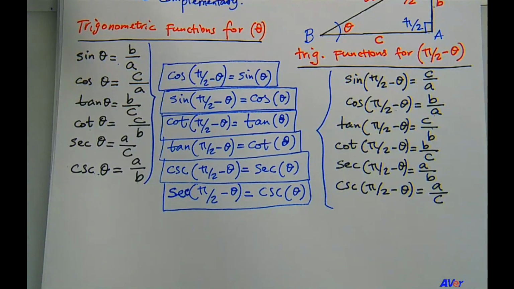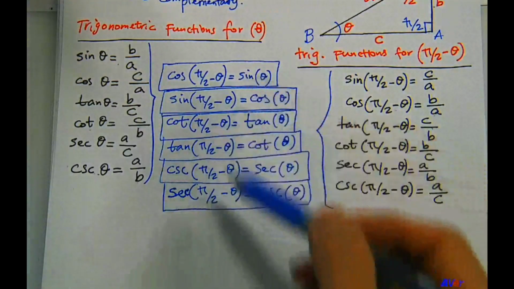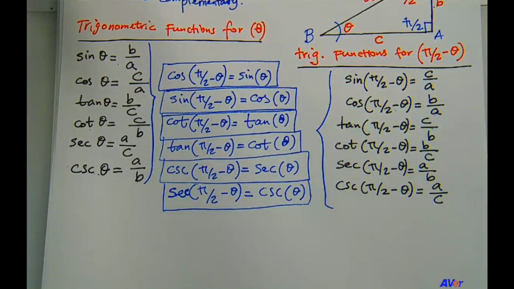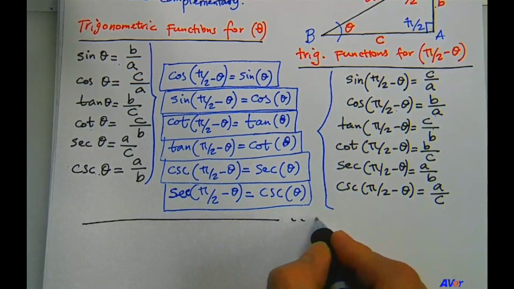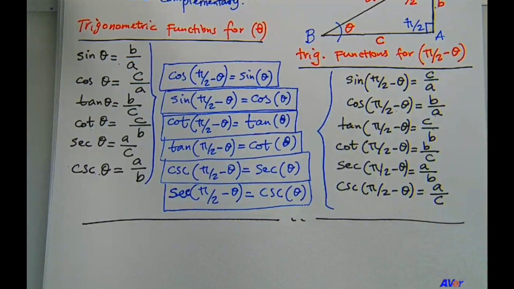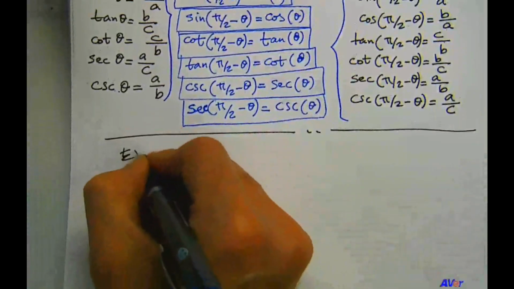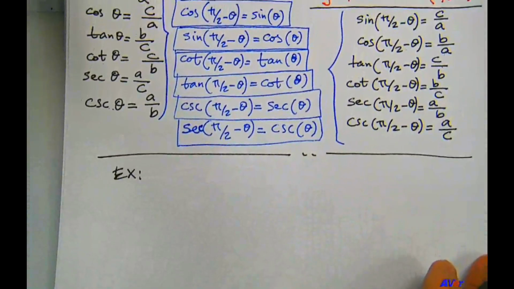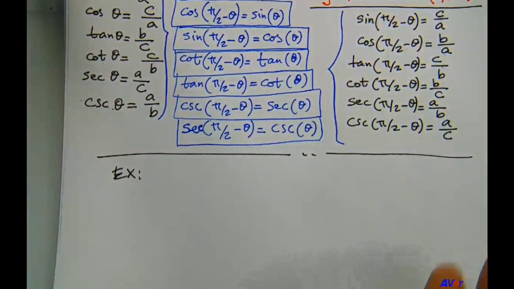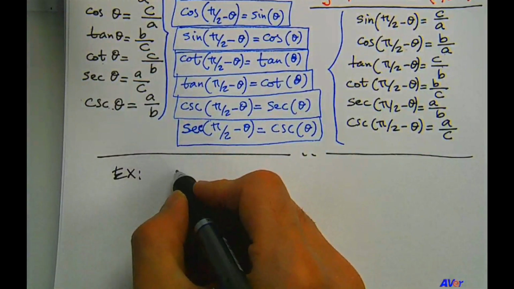Okay, so now that we have this, let's put it to the test. Let's see if this is actually true. So I'm going to use my calculator for that. So examples. Let's take any angle.